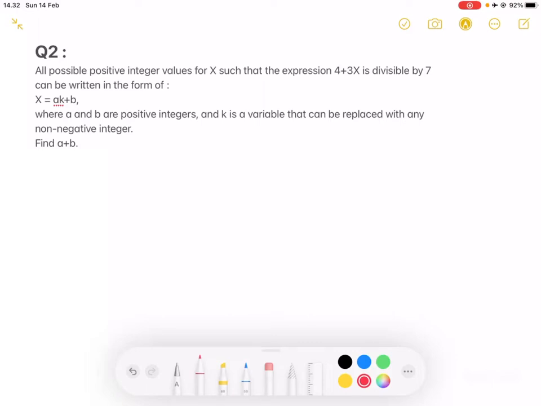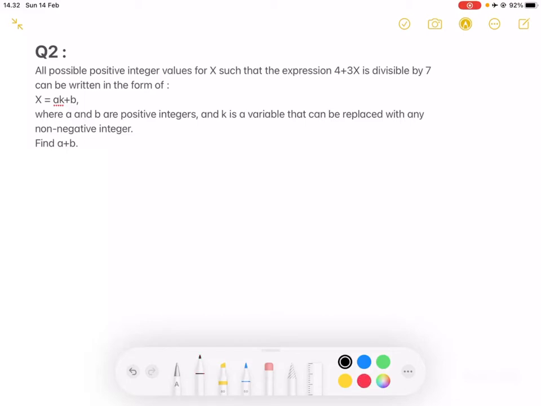For example, if you want the first value of x, you set k equals 0. That's basically how k works in this case. So we need to find a plus b.